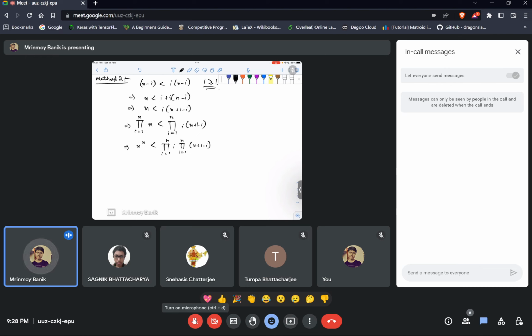And now I can just rename it, do a change of variables. So let j be equal to n plus 1 minus i. Therefore, n to the power n is less than the product over i from 1 to n of i times the product over j from 1 to n of j. And these products, we know they're just n factorial and n factorial, so n factorial squared.